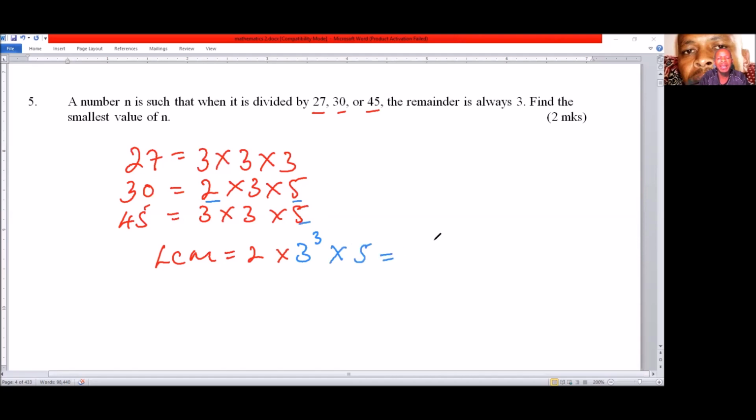When you multiply this using your calculator, you should get 270, meaning our n is equal to 270.